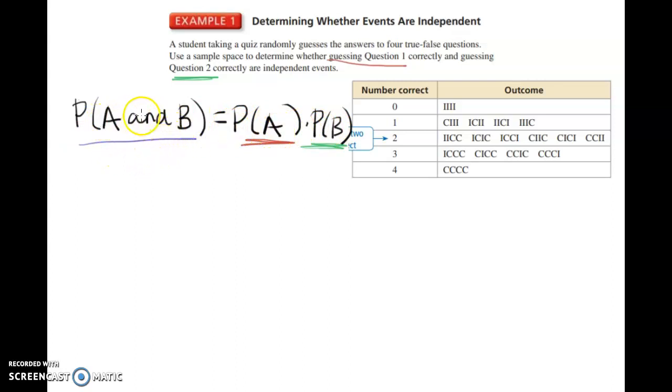The probability of A and B means you get question 1 right and you get question 2 right.